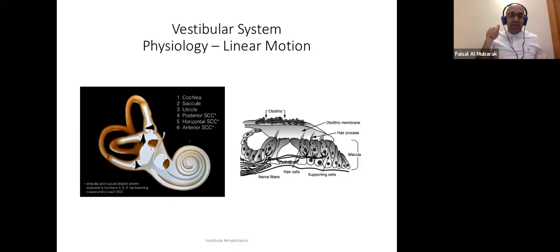So, the angular motion is when the fluid inside is pushing and pulling, and the linear motion is when the crystal is pushing on one side and pulling on the other.